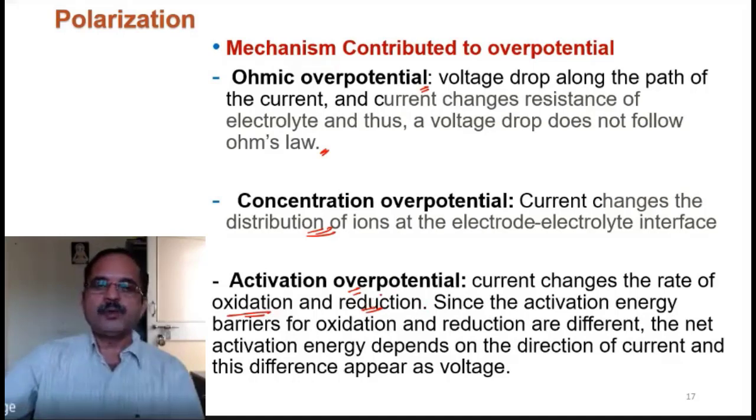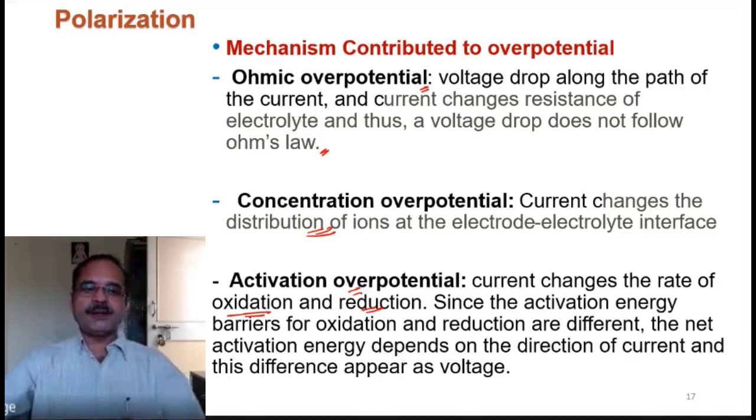When the electrode and electrolyte are together, either oxidation or reduction happens, some chemical reaction happens, and because of that some ions are produced. Corresponding to that there is some activation energy, and this results in some activation over potential.